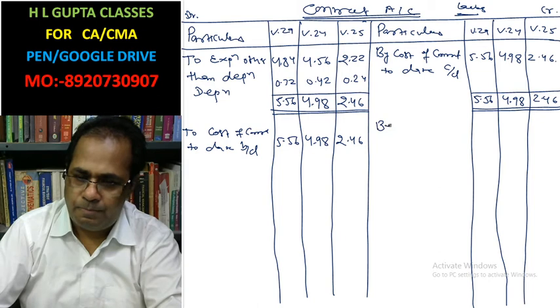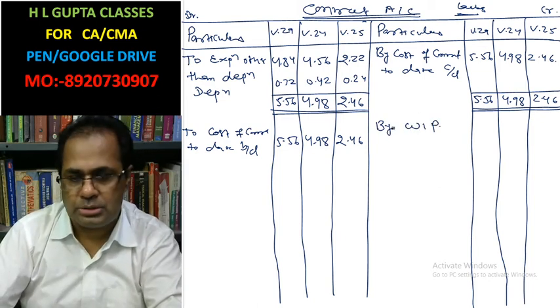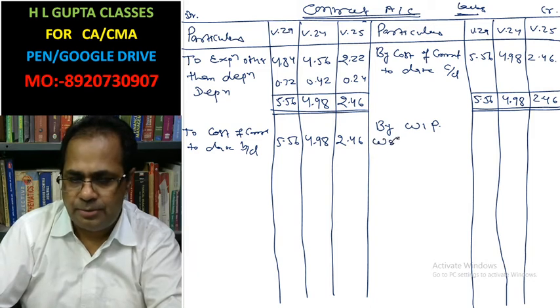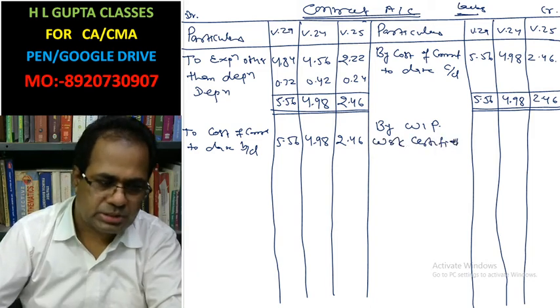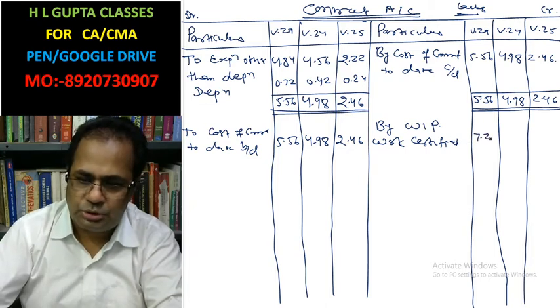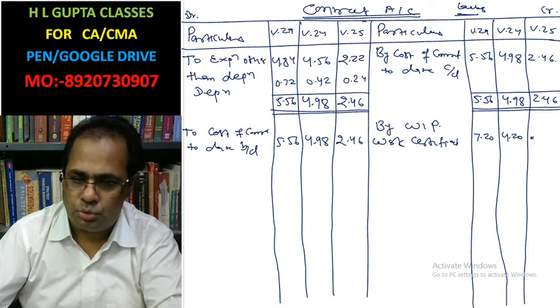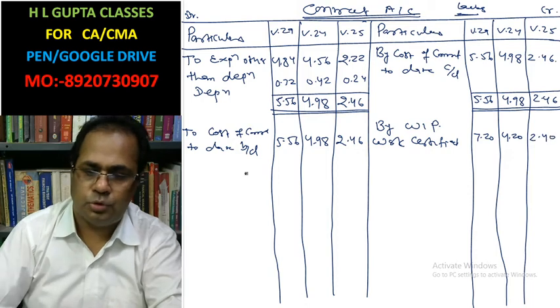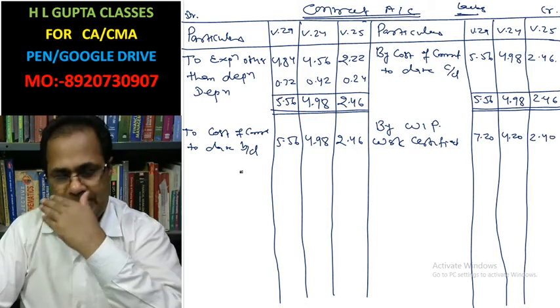Now, by work in progress, work satisfied, which is given here: 7.20, 4.20, 2.40.